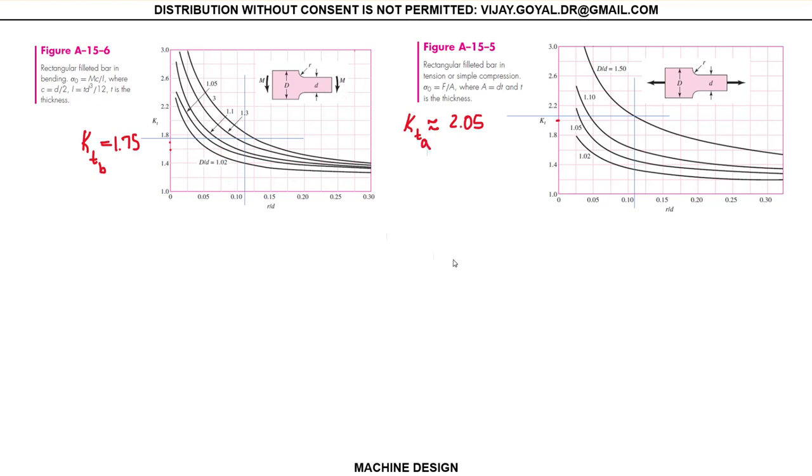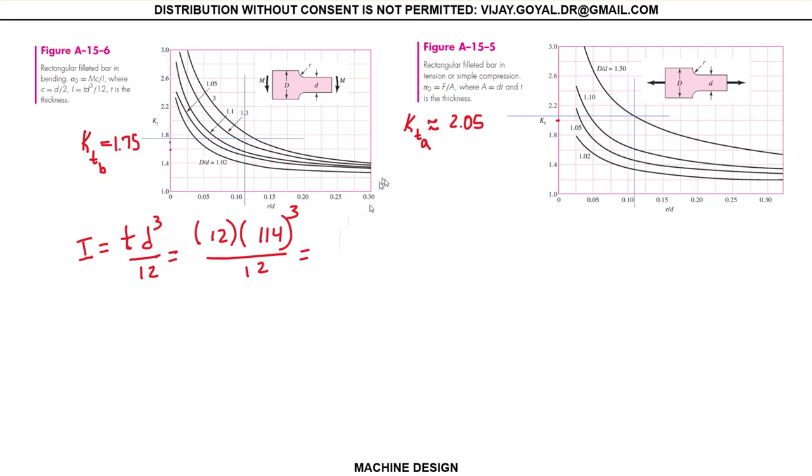So if I was going to calculate this now, first of all, I need to know what my I is. Your I will be t d cubed over 12. So if you replace those values in there, you find this is 114 cubed divided by 12.